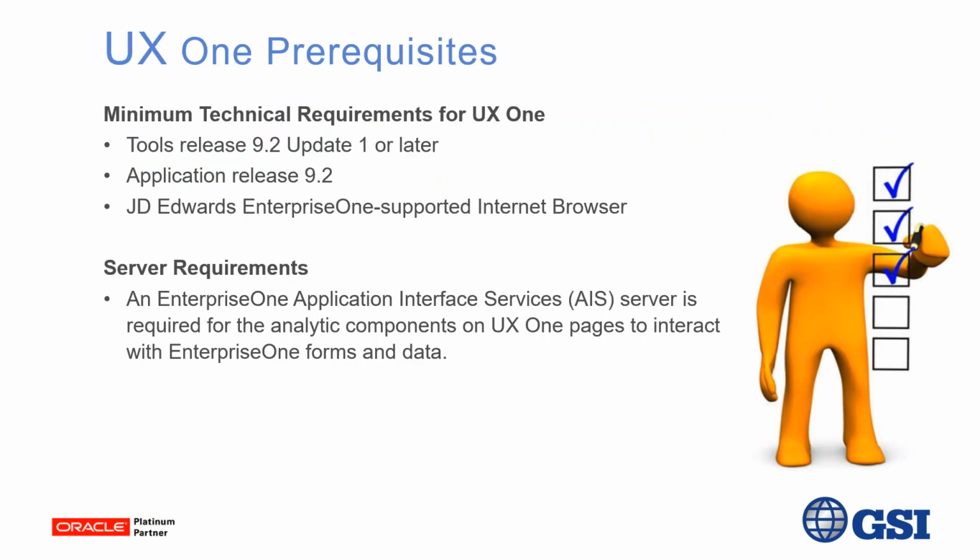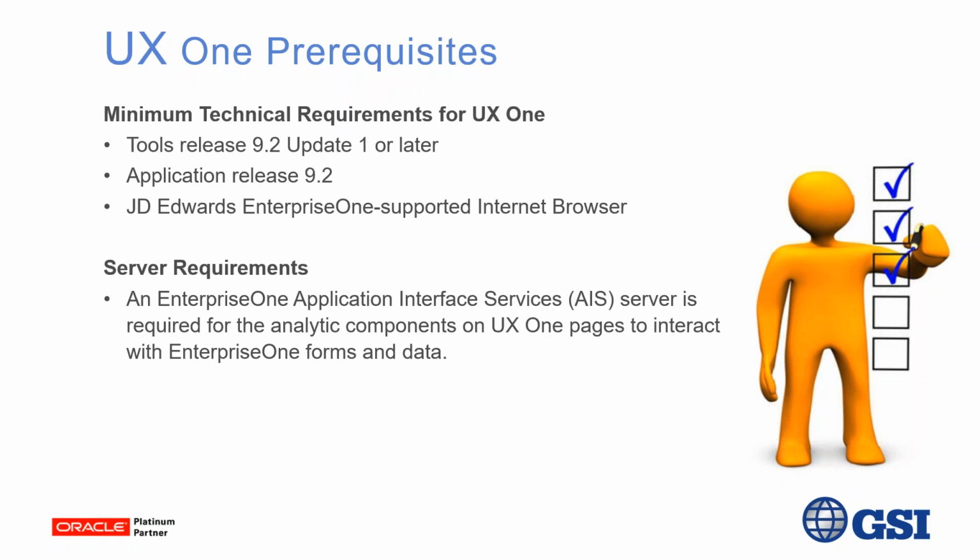UX1, what are the prerequisites? The line Oracle is going to tell you right now is 9.2 update 1 or later. Some of these have been dribbling in over the last couple of applications and tools releases. Some go back to early 9, but they are making them a little better every time.